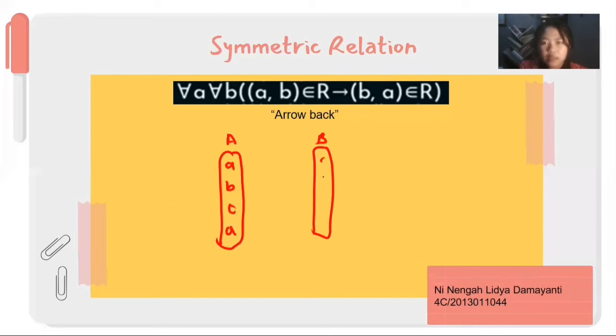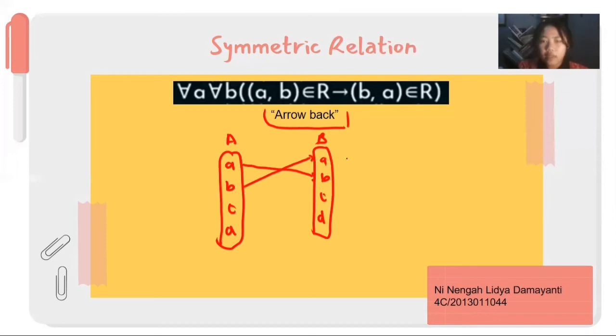For this kind of relation, if we have an arrow from a to b, we must have an arrow from b to a. That's why this kind of relation is called arrow back.